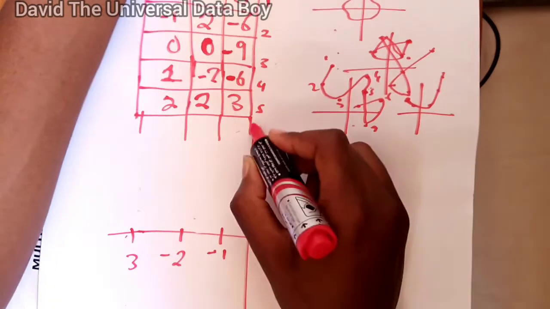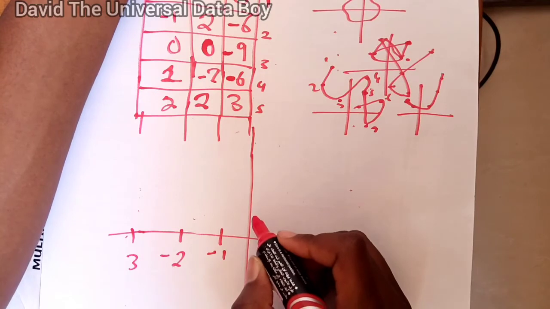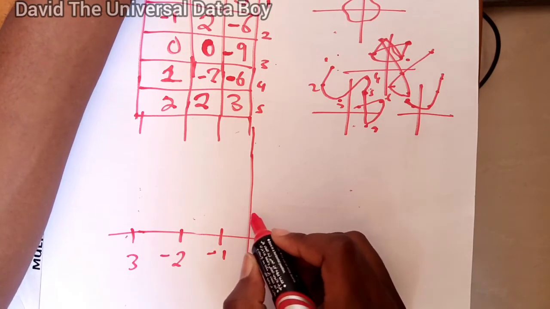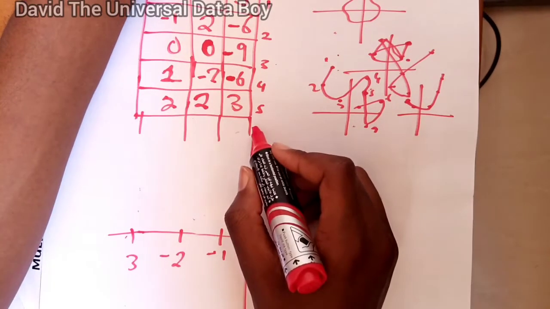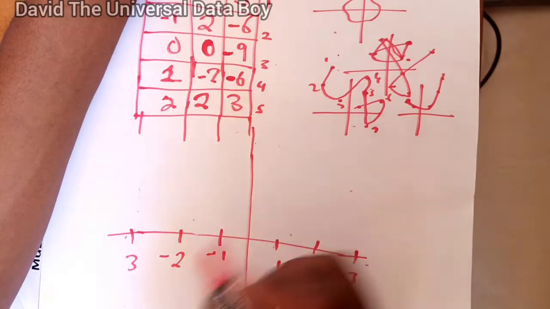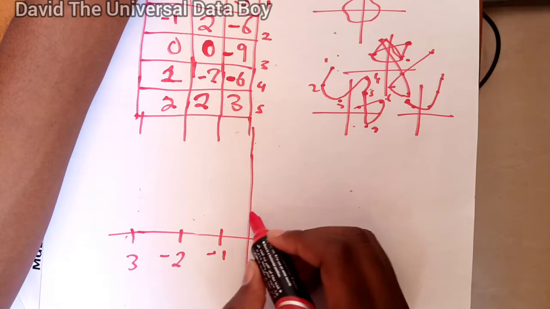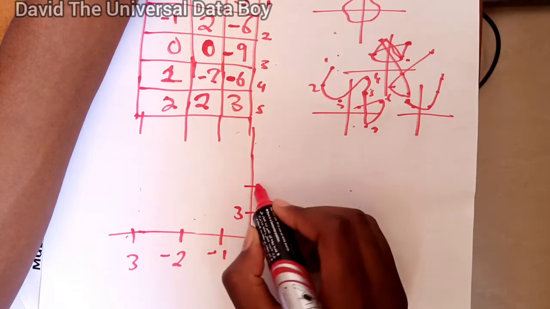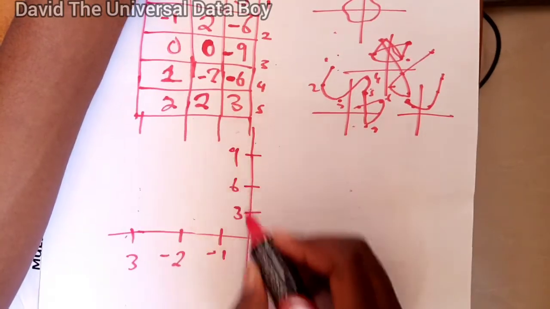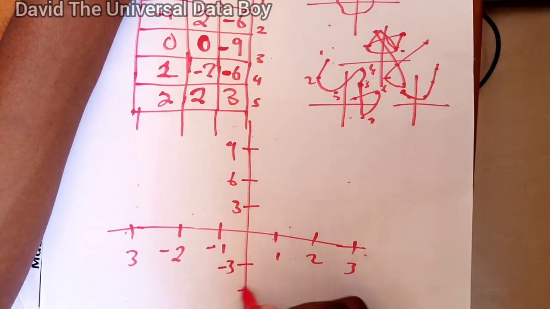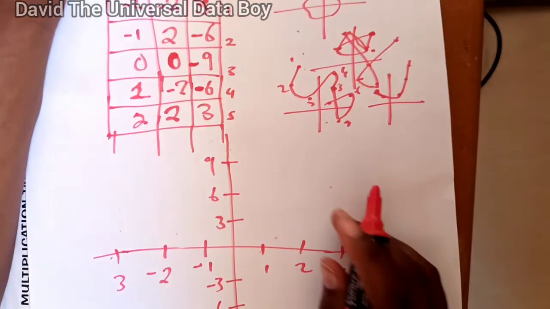Then in the y, we have 3. If we put them at 1, it will have to reach 5, because this one is ending at 3 in the x, but then in the y it's ending at 9. So you can say 3, 6, 9. The same here, -3, -6, -9. Then we can plot our points.